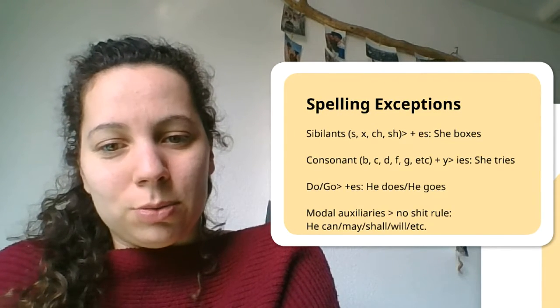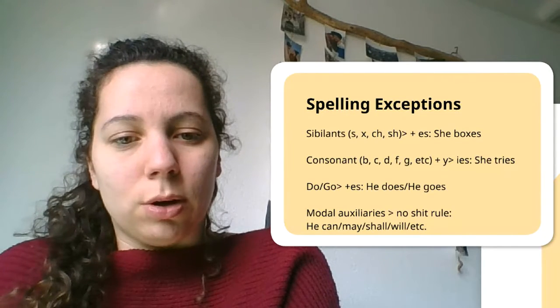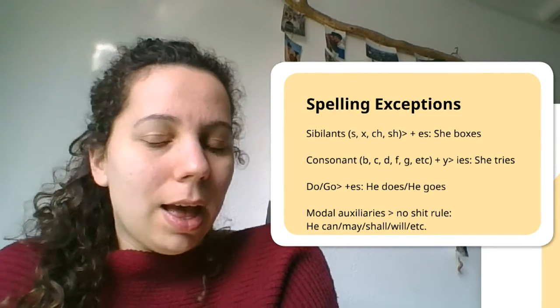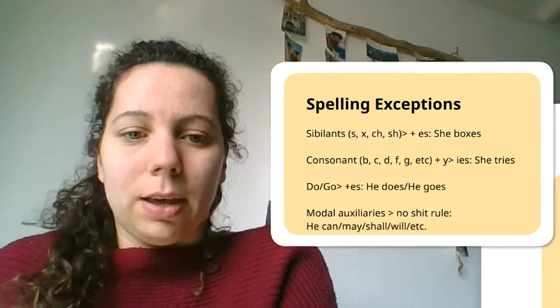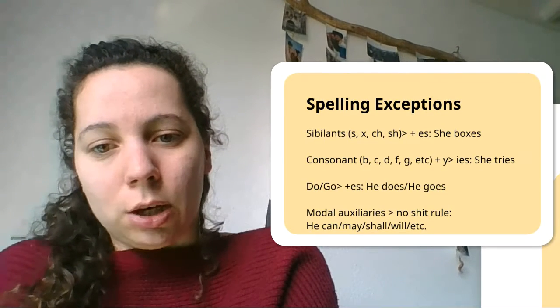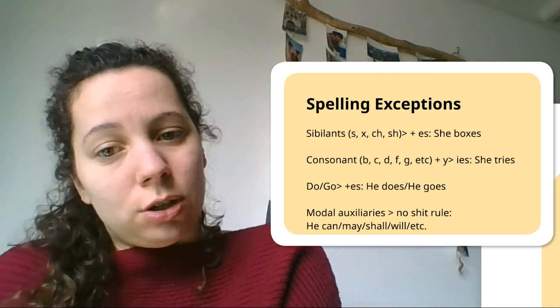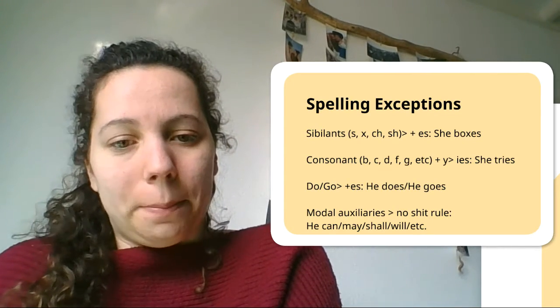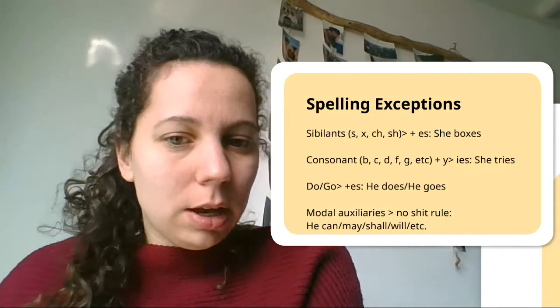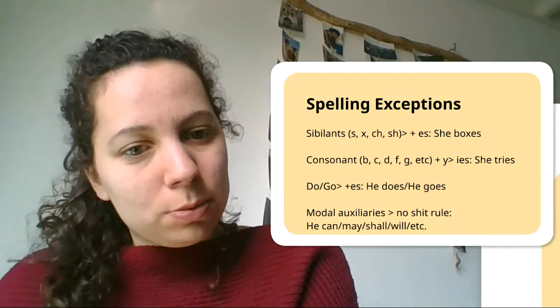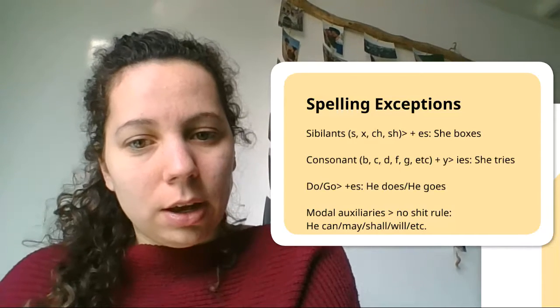Then there are the two verbs do and go, and do and go both end in O, and in general, all verbs that end in an O get ES. So it's he does and he goes, she does, she goes, so on and so forth. The last one is a bit of a trickier one, and we don't really talk about it a lot. But there is a group of verbs that doesn't have any forms.